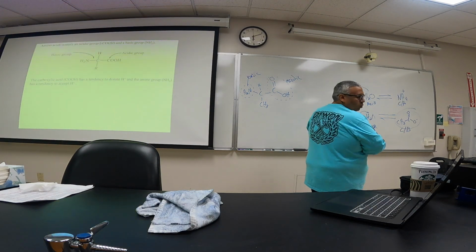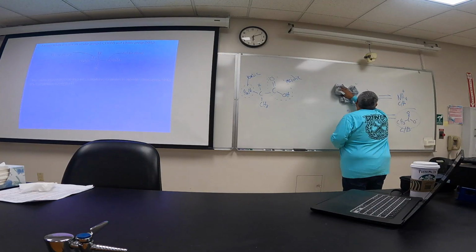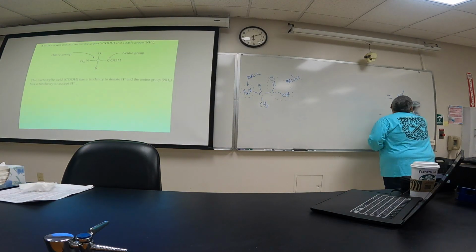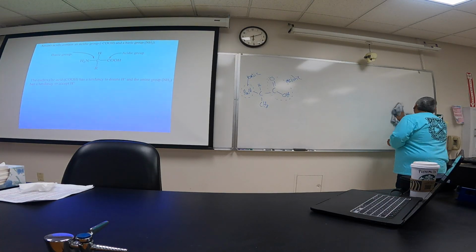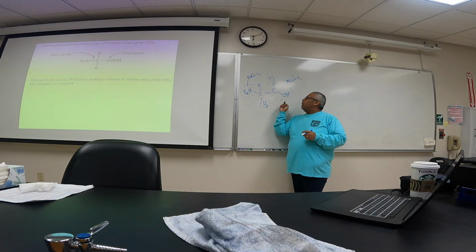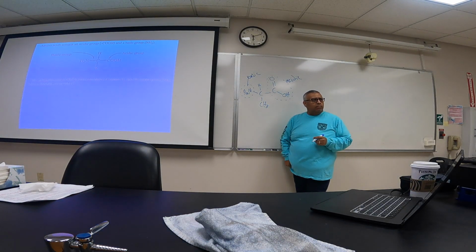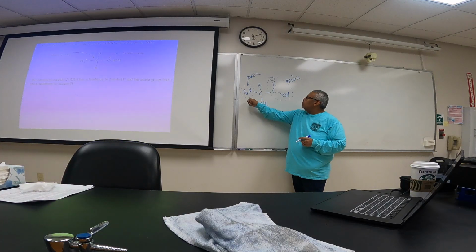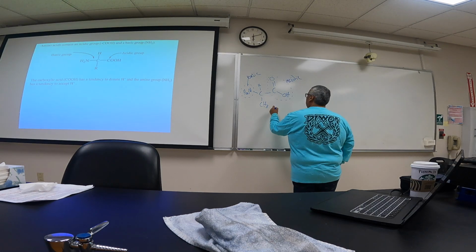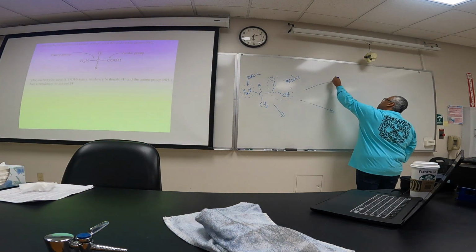So we know that acids neutralize bases and bases neutralize acids. Right now, this is a neutral amino acid, right? There is no charge on it, right? But there are three things that can happen with an amino acid.